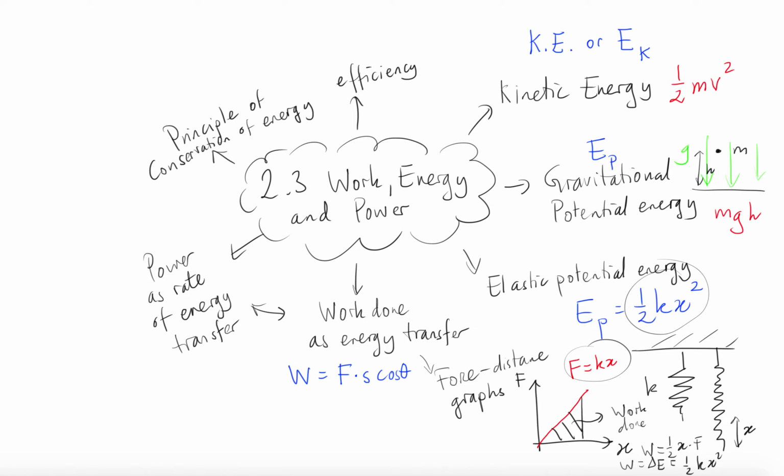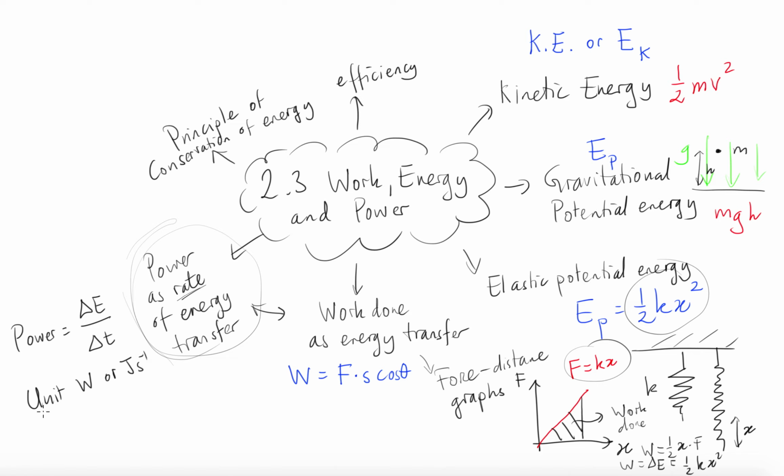Then we need to define what power is. Well, we have to understand power as the rate of energy transfer. Whenever we talk about a rate of something, it's how something changes with time. So it's the rate of energy change per unit time, and the unit is the watt, or joules per second.